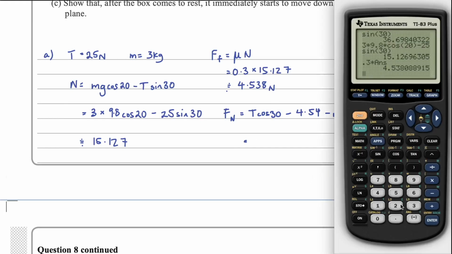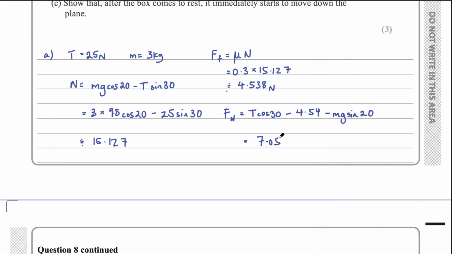So T was 25, cosine 30, take our answer from the previous calculation, and then subtract the mass, which was 3 times 9.8 times sine 20. And we get an answer of 7.057 newtons. So we have a net force of about 7 newtons acting up the slope, causing the particle to move up the slope.